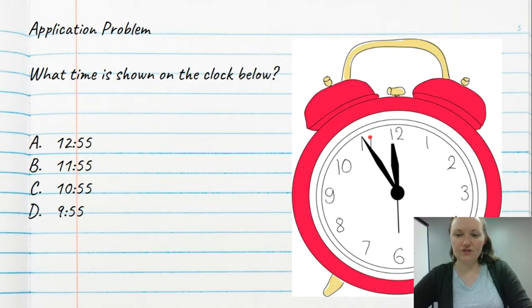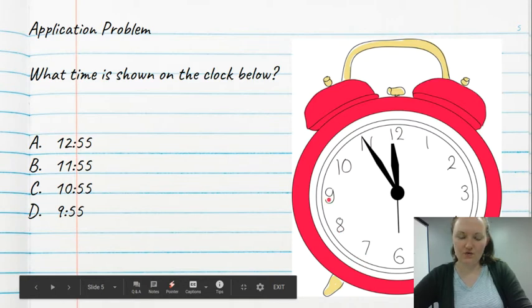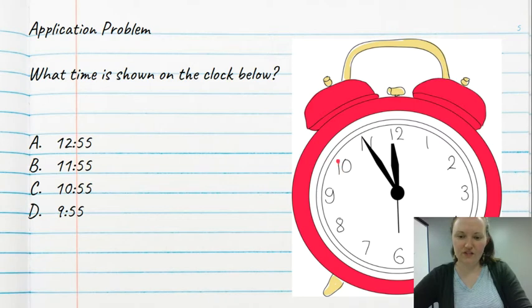No, so it's still 11. So you're going to go 5, 10, 15, follow the red dot, 20, 25, 30, 35, 40, 45, 50, 55. So you determine the hour first and then the minutes. So we discovered that B is the correct answer.